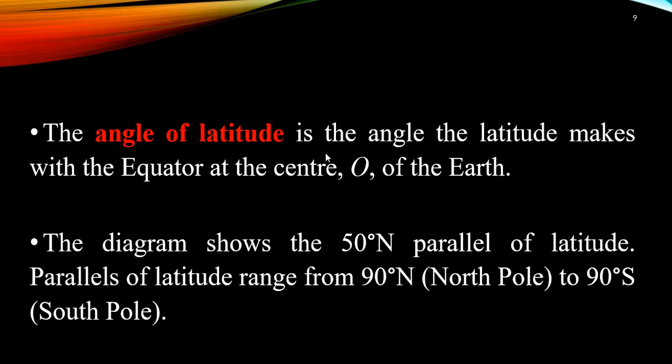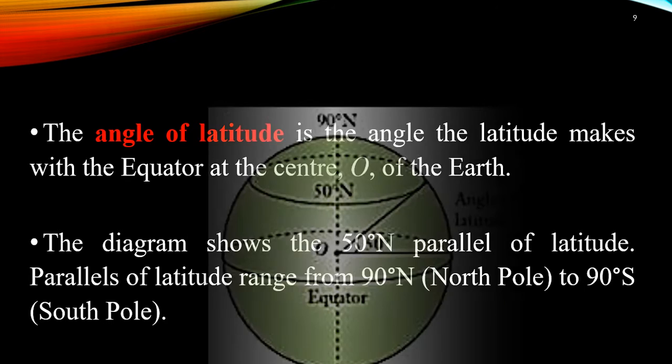The angle of latitude is the angle the latitude makes with the equator at the center O of the Earth. The diagram shows the 50 degrees north parallel of latitude. Parallels of latitude range from 90 degrees north, that is the North Pole, to 90 degrees south, which is the South Pole, as you can see here.